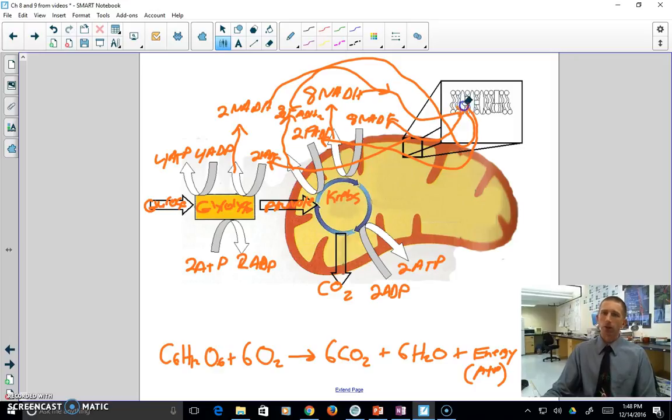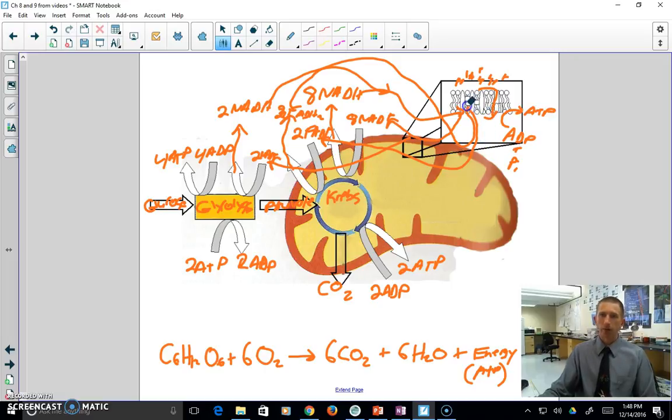So what do those electrons do to the pumps? Well, they energize them, so now we have lots of hydrogen ions all over here, and hydrogen ions want to diffuse across the membrane. The only way they can is to go through ATP synthase, the most amazing protein on the planet, right? And that's going to spin, and take ADP plus some inorganic phosphate, and provide the energy to make it into ATP, just like that.